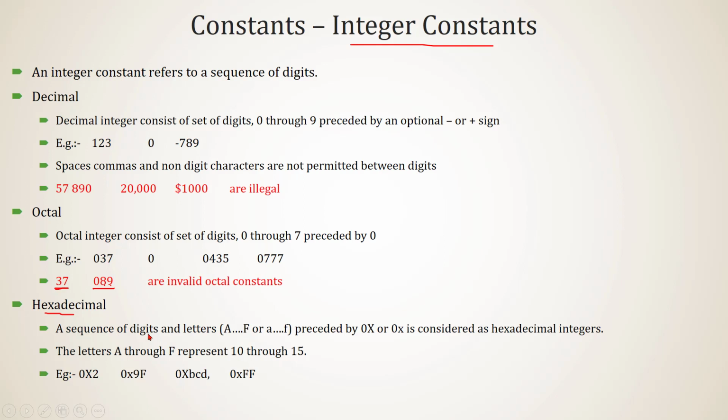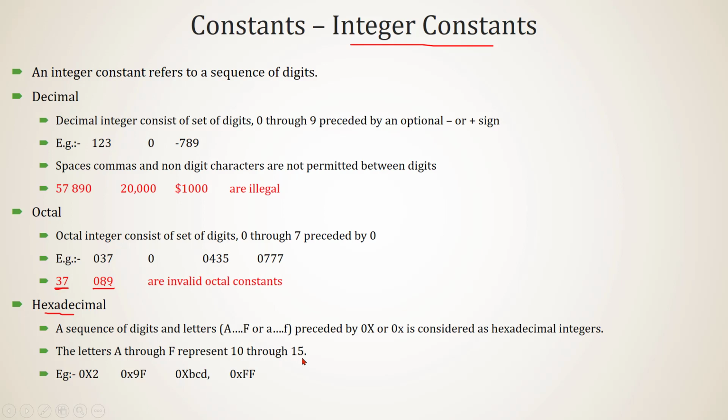A sequence of digits, that means 0 to 9, and letters A to F, or even small a to f, preceded by 0 and capital X or 0 and small x, is considered a hexadecimal integer. The letters A through F represent 10 through 15.